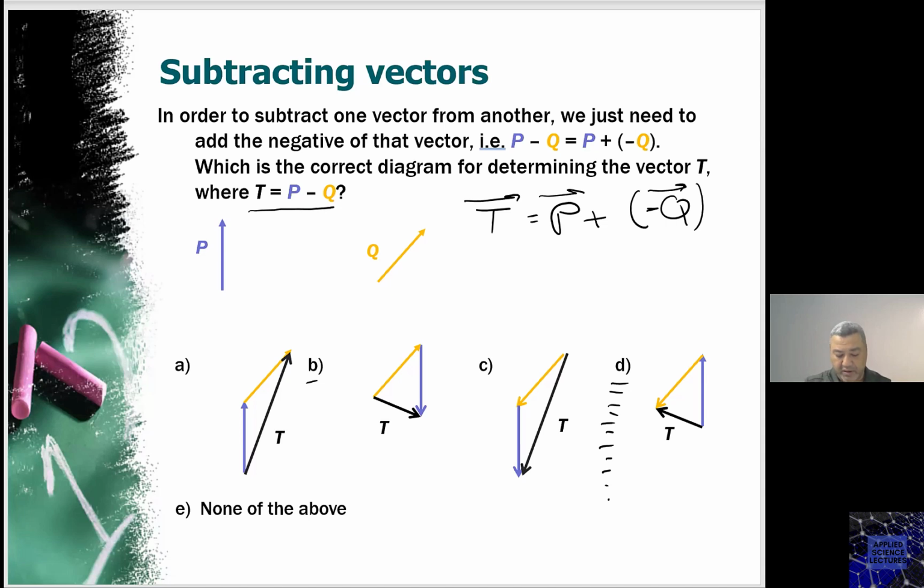So here I'm adding a Q to P, which is wrong. Here I'm adding Q to minus P, which is wrong. Here I'm adding minus Q to minus P, which is wrong. So the only correct answer is P and minus Q.